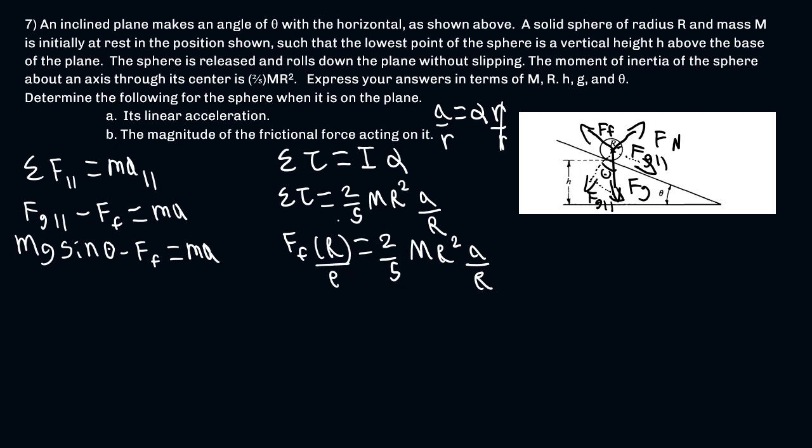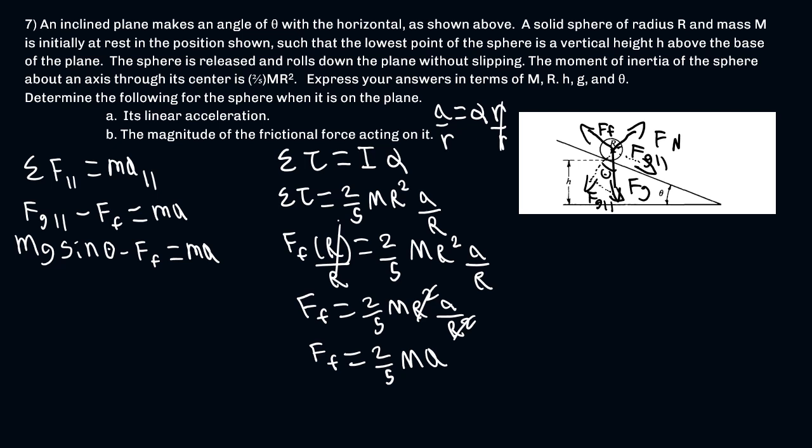If I divide out r over here, I should end up with FF is equal to 2/5 m r squared over a r squared. This all cancels. So the force of friction is equal to 2/5 the mass of the object times my linear acceleration.